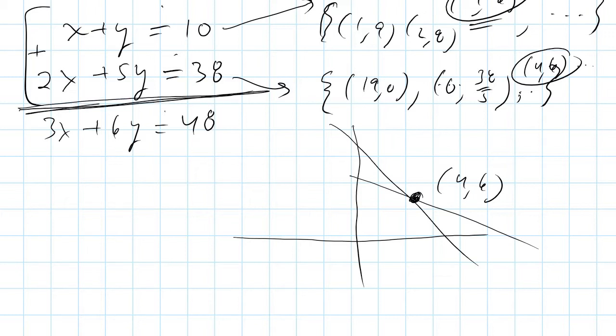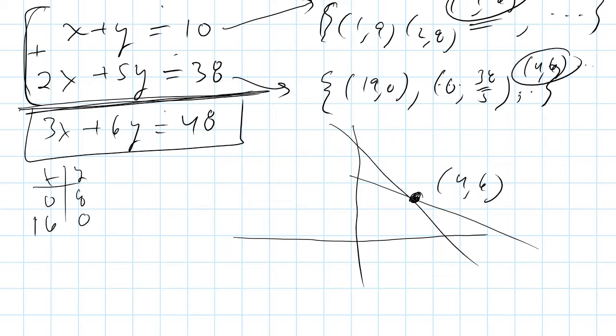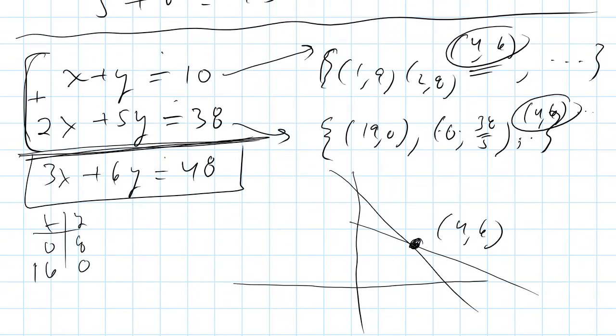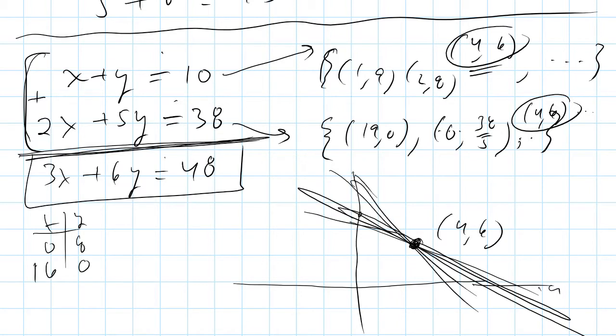What's so special about this third equation when you add two equations together? Well, you could go ahead and graph it. So 0, 8 and 16, 0. And what you would find out is that new line, whoops, I drew it on top of one of those. It would not be on top of one of the others.